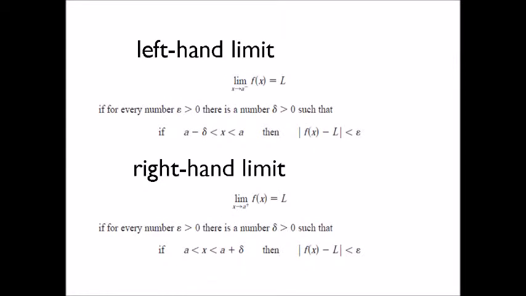In the case of the left-hand limit and right-hand limit, there is a small modification to the inequality involving delta, because in this case you need to consider only the left side or the right side respectively. Notice also that the inequality involving epsilon does not change, because you are not really sure about the behavior of the function in terms of f of x.